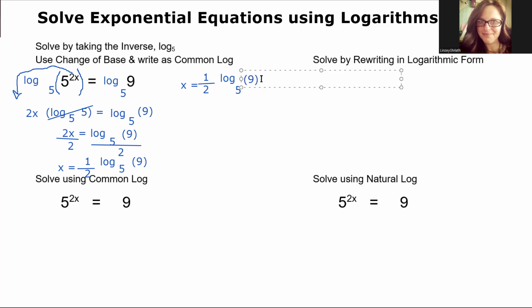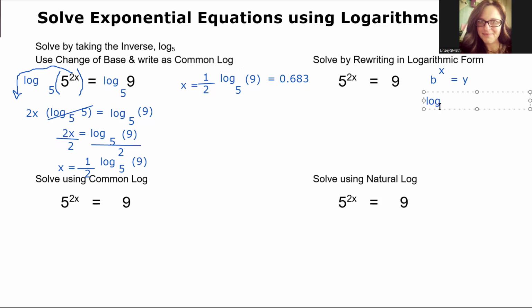You could put this into the calculator and get a decimal, and our decimal equivalent is 0.683 if we're rounding. So if this is all you're looking for, the solution or a decimal equivalent, you could just solve it by rewriting it in logarithmic form. The exponential form, b to the x power equals y, is equivalent to log base b of y is equal to the exponent x.